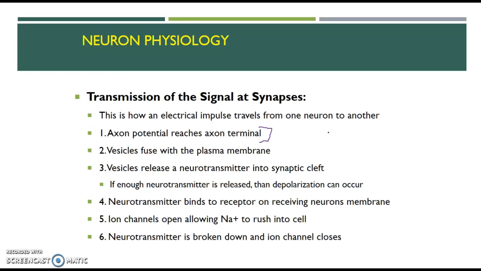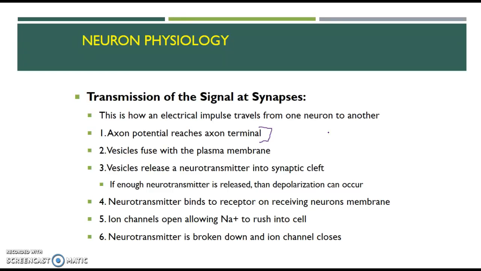This is going to cause vesicles to be released from that neuron onto the next. So these vesicles fuse with the next neuron and actually release neurotransmitters into the synaptic cleft. Pretty interesting.